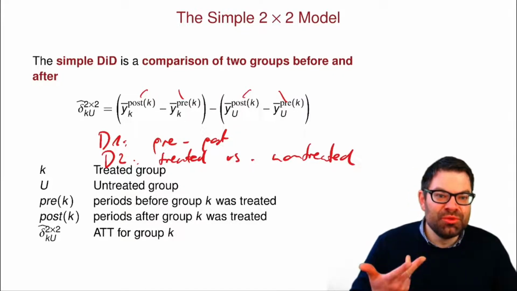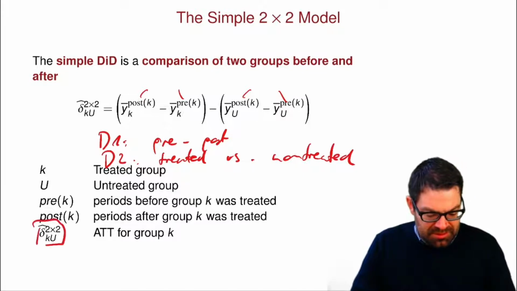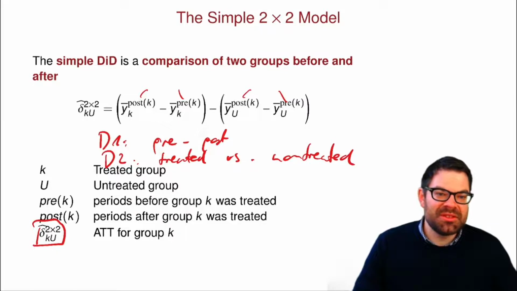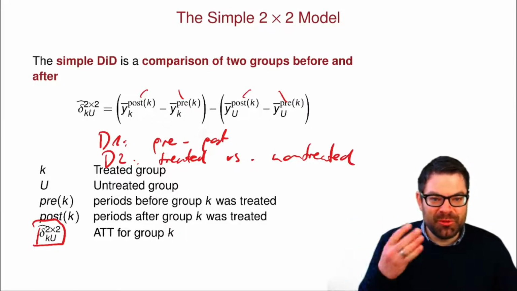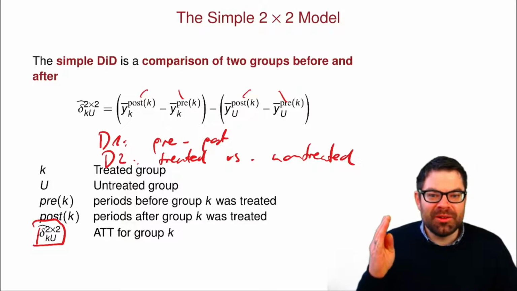These are the two differences that we consider here. If we consider those two differences, so we just take the average outcome of each of those groups, we get the average treatment effect on the treated. Okay?